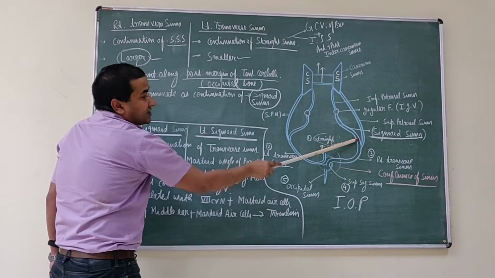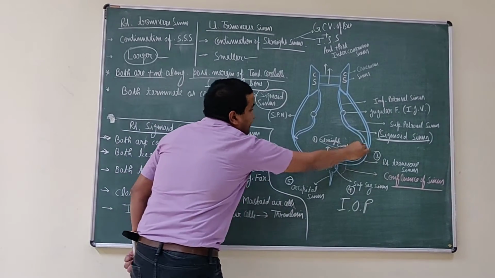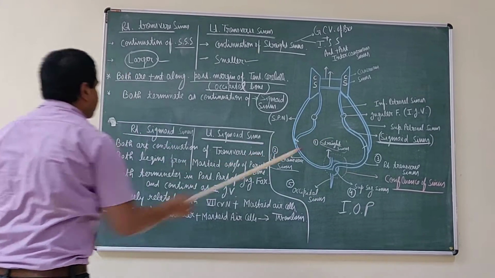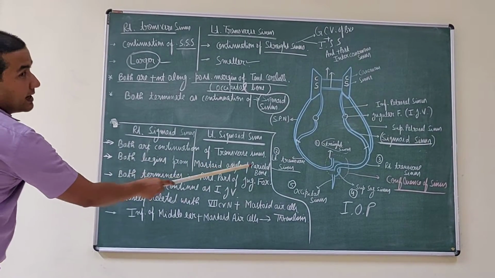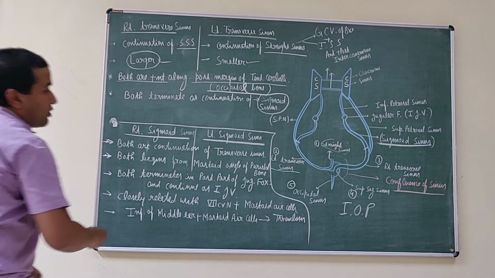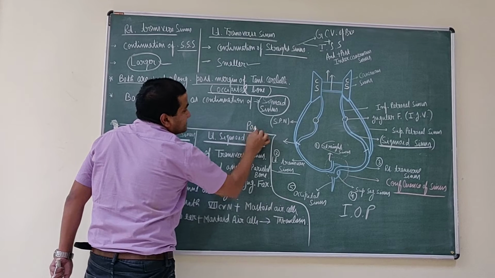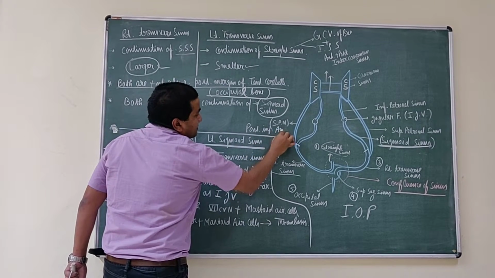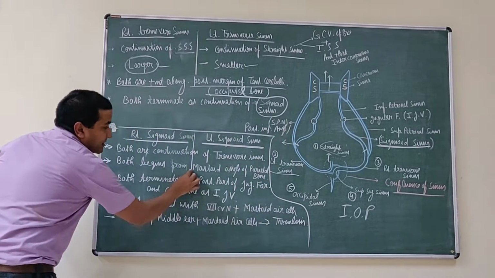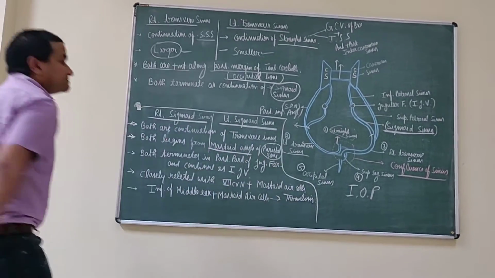Now, at this point, it becomes the sigmoid sinus. Both begin from the mastoid angle of the parietal bone. This point is the postero-inferior angle, or say the mastoid angle of the parietal bone.